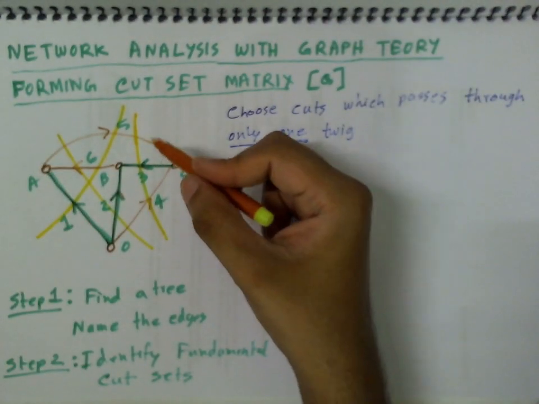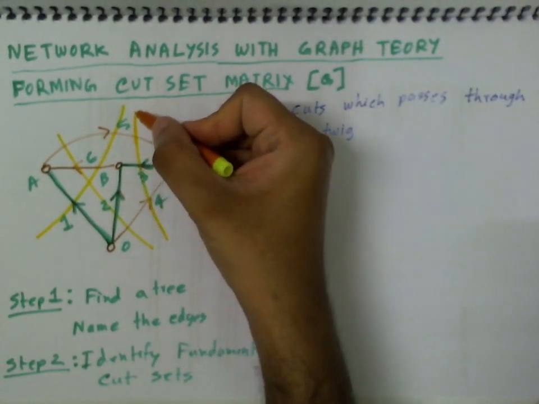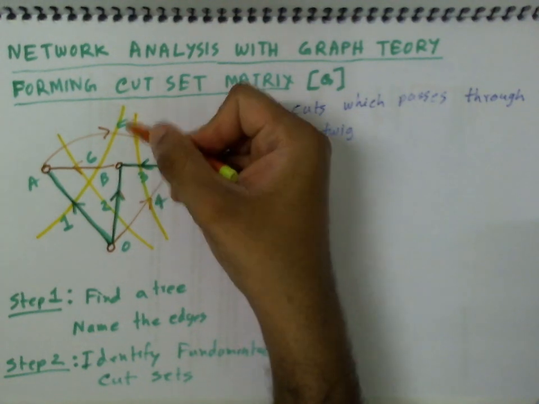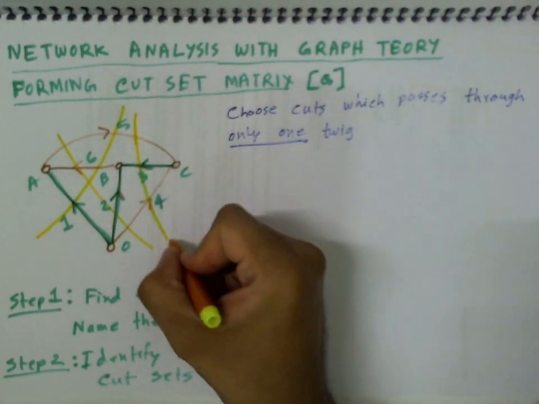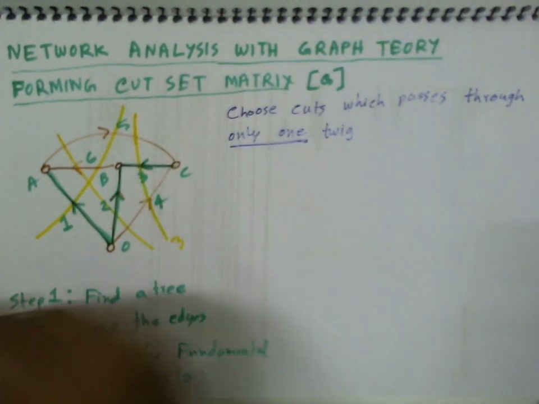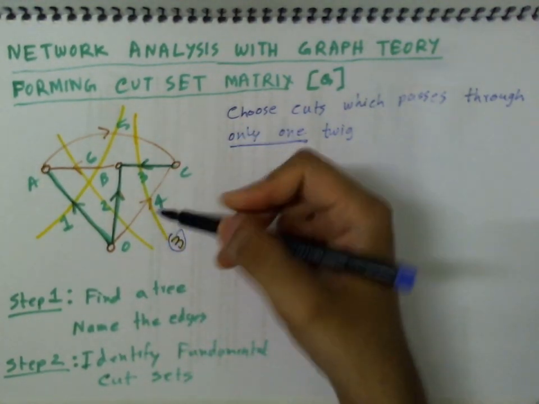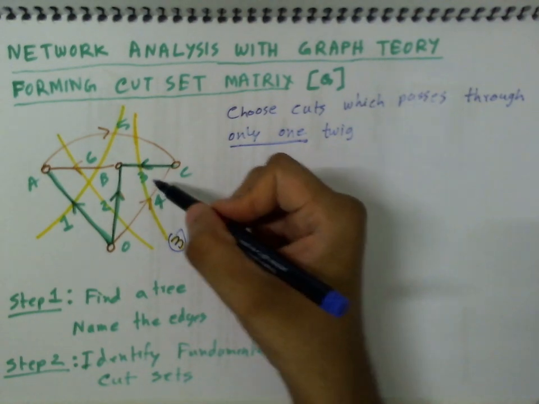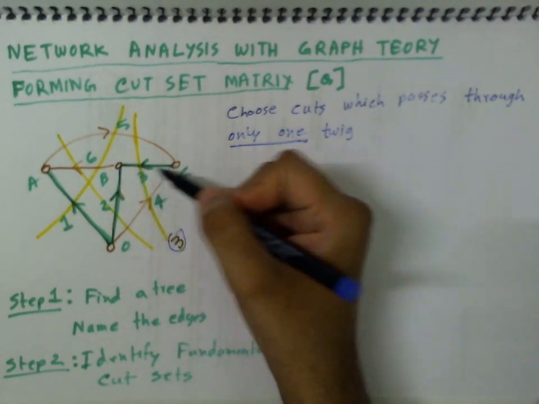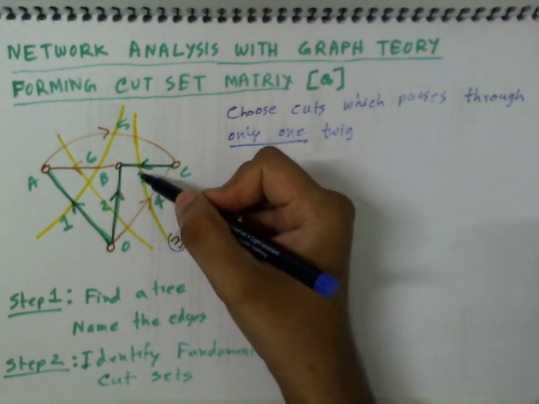Okay. Now let me name these cuts, and I will name this cut as cut number 3. This cut is cut number 3 because it goes through the twig number 3.